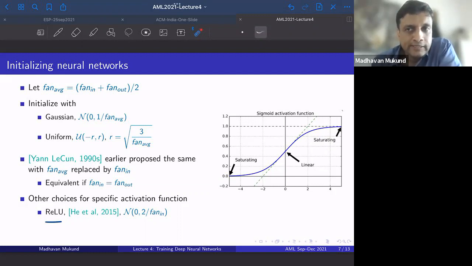So you have to decide which one of these you want. Do you want to use LeCun initialization? Do you want to use Glorot initialization? Do you want to use this He initialization? And there are others also. So this is one of those hyperparameters. We talked about hyperparameters. Hyperparameters are these choices that you make, which typically are not to be learned. These are choices that you make, which will decide how the model will perform.